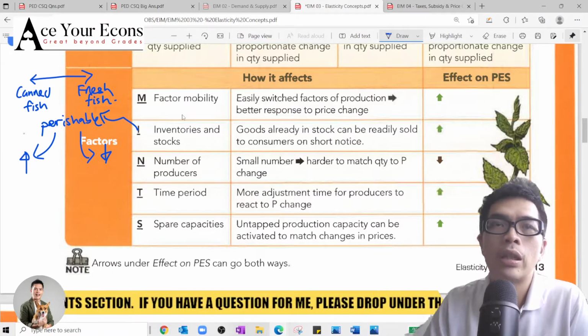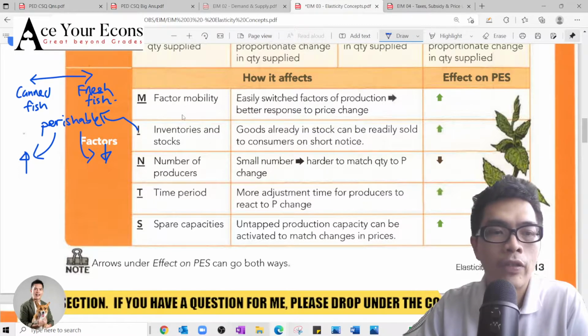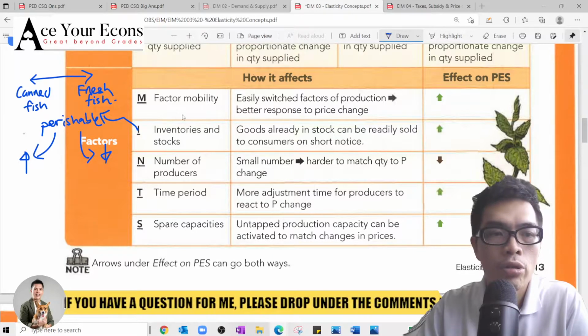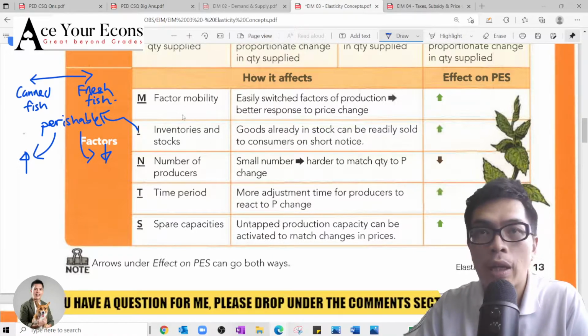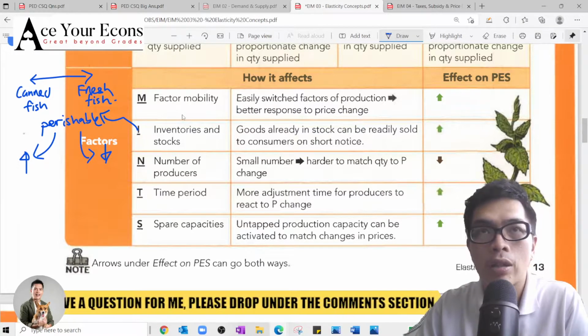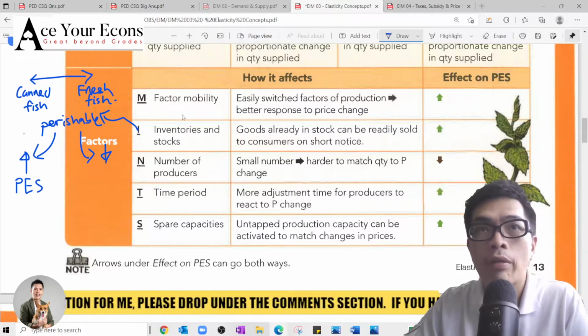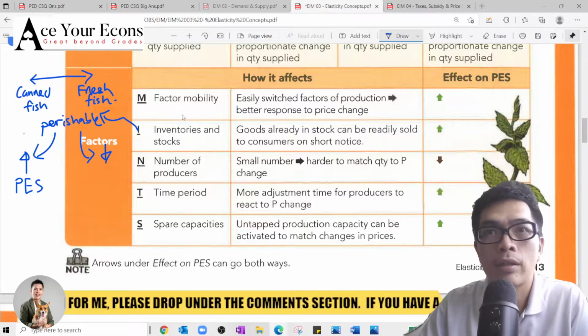So what can we deduce about the respective PES value? Which one will be more responsive to price changes? Which one will be more sensitive? The one that you can keep or the one that you cannot keep? Let's deduce. Canned fish. What is the size of your PES? Greater or smaller than 1?